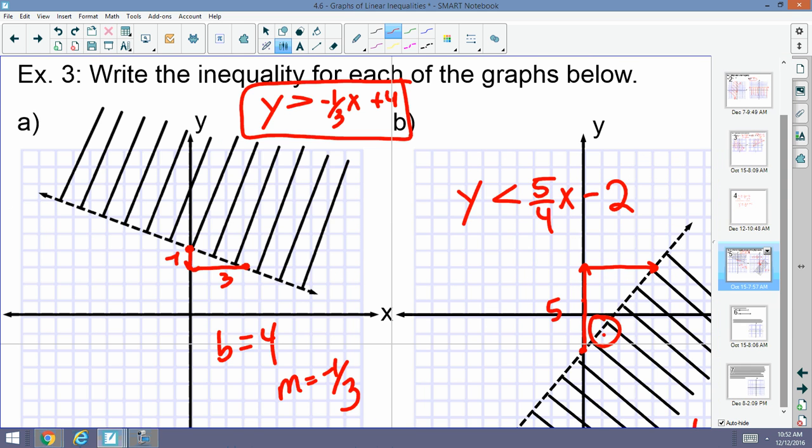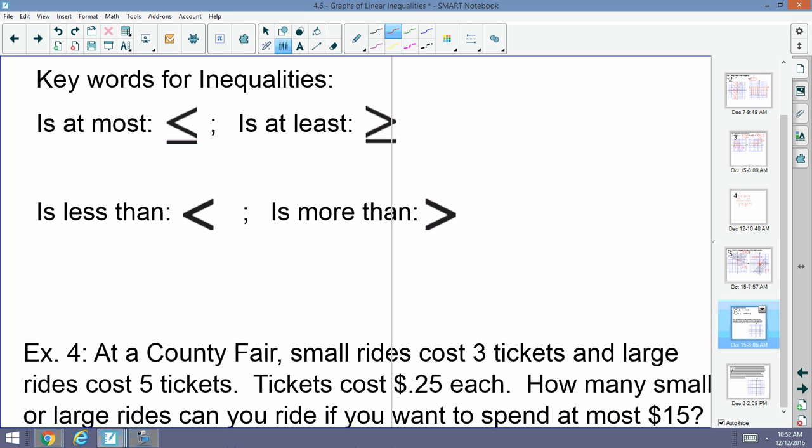Okay, and all right. Now, word problems, your favorite. There are key words that are going to really help you out in inequalities, guys, and it is at most. Whenever you see an is, you know that you're talking about an equation or an inequality. Why do I care?